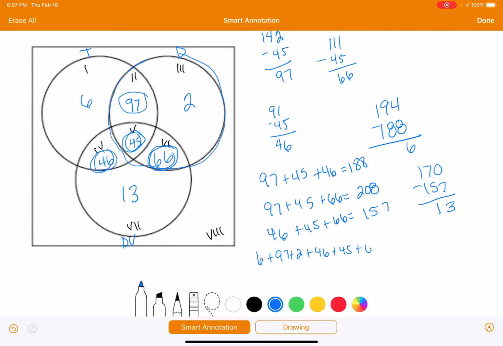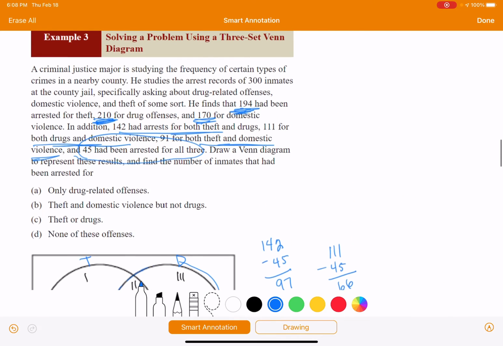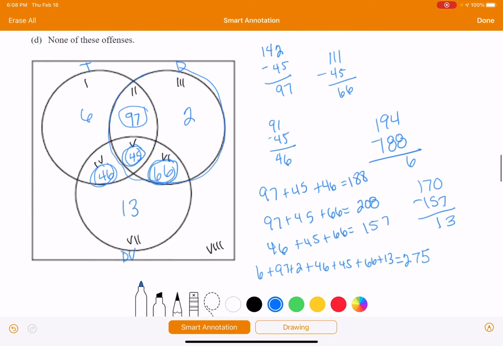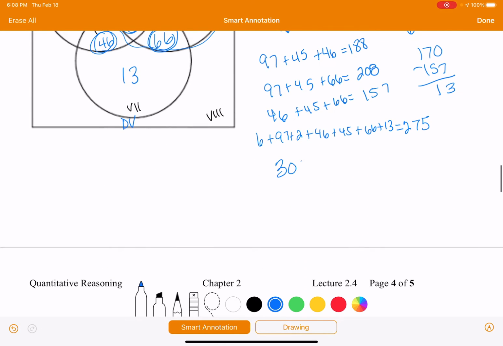And that gives me 275. And then I need to subtract that from my total people surveyed, which was 300. So 300 minus 275 equals 25. So this section has 25.